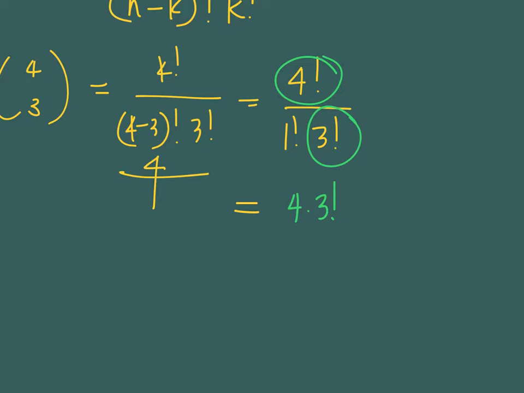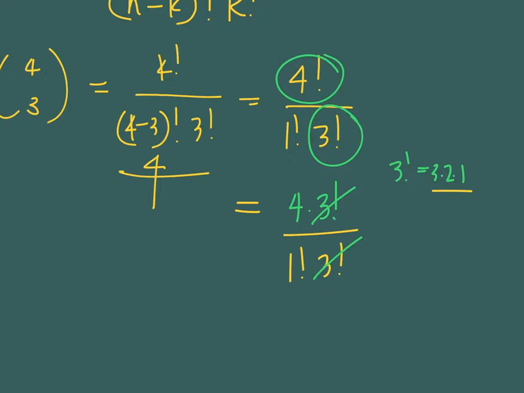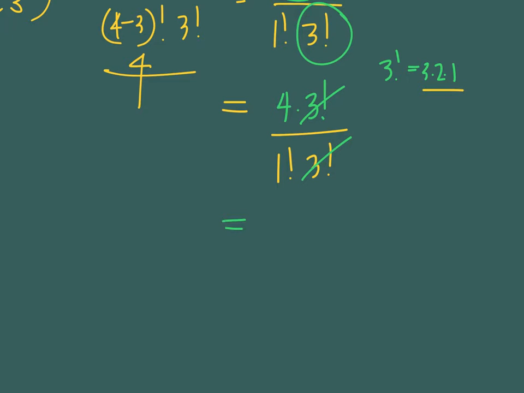Keep the 3 times 2 times 1 as 3 factorial, because then you can simply cancel the 3 factorial in the denominator with it, right? So we now have 4 in the numerator. 1 factorial is 1, so this is equal to 4.